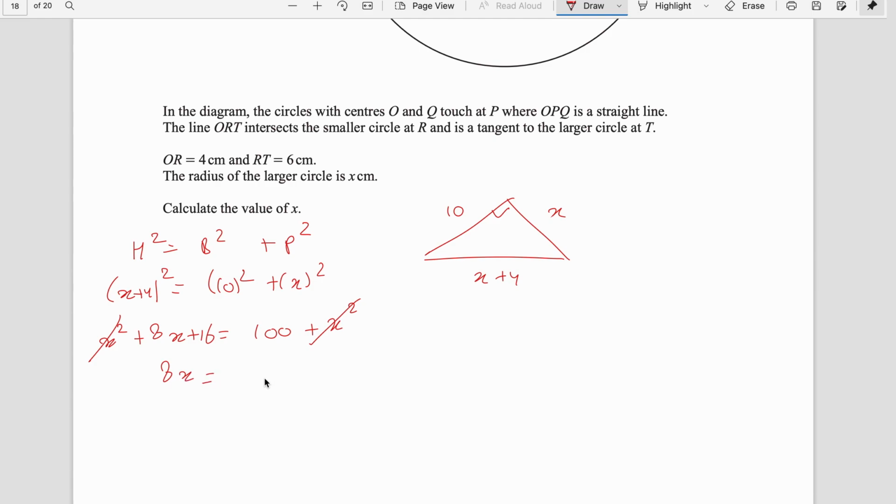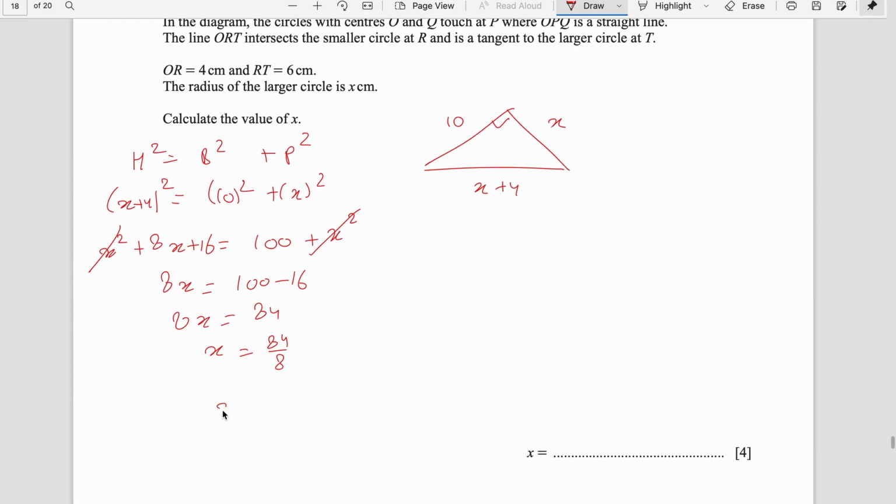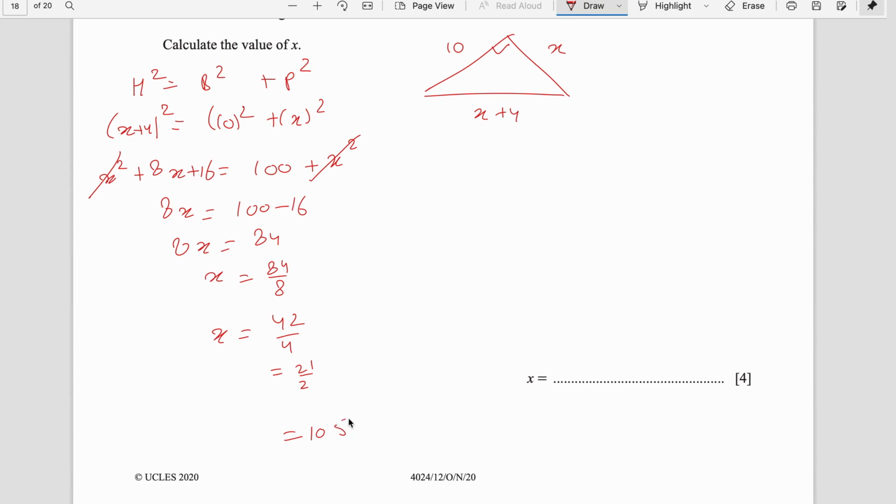So 8x = 100 minus 16. 8x = 84. x = 84 by 8. x = 42 by 4, 21 by 2, and 10.5. 10.5 centimeters.